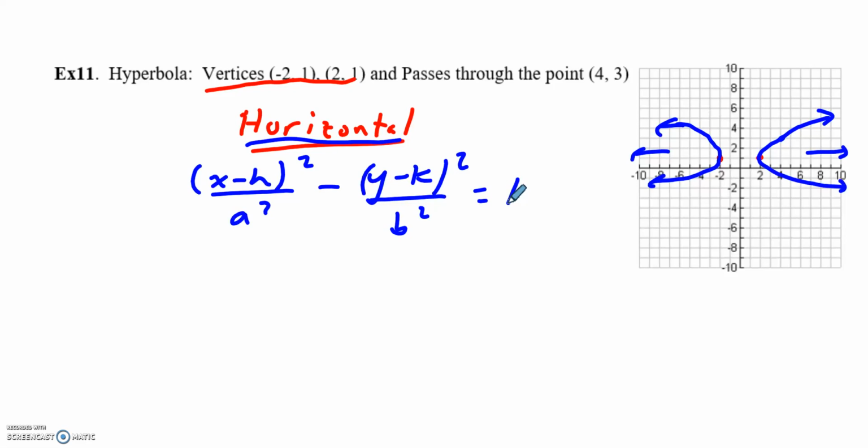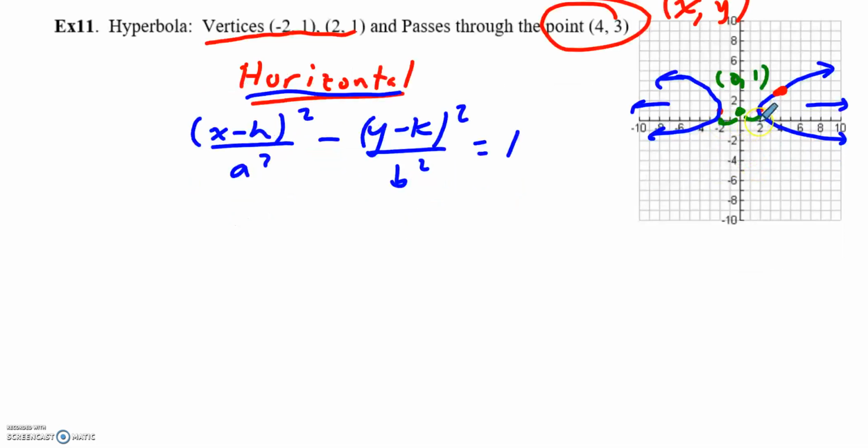But I need to find some other information first. I can find what a is, because again, that's the distance from the center, which is going to be right in the middle of those vertices, both directions. And that distance is 2 each direction. So I know that my a value is 2. I know that my center now is 0, 1, because it's in the middle of my vertices.